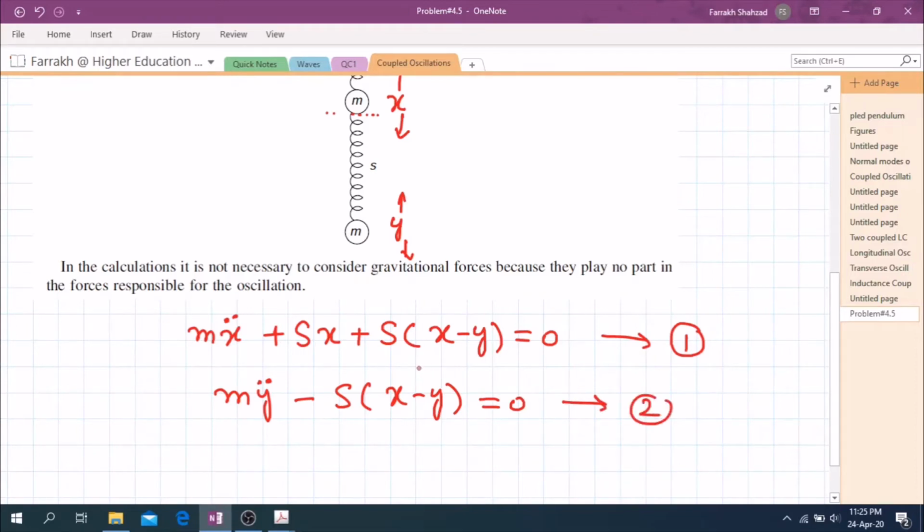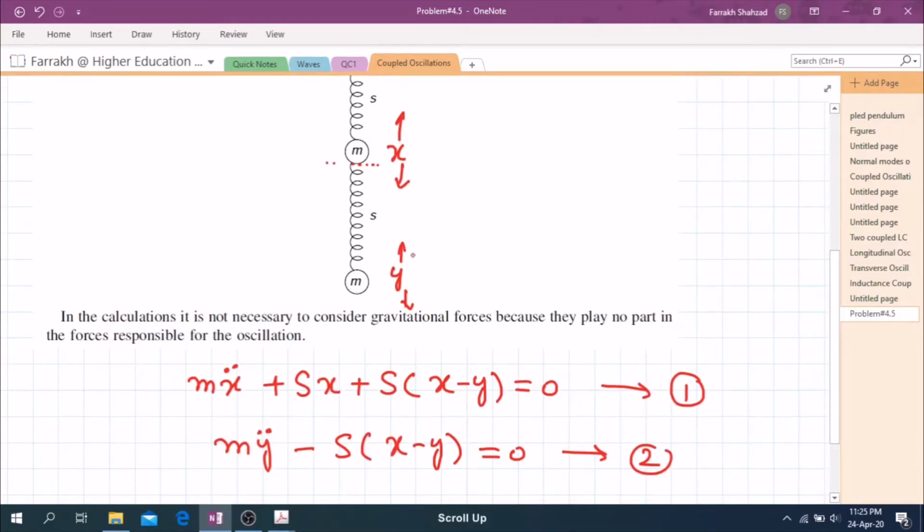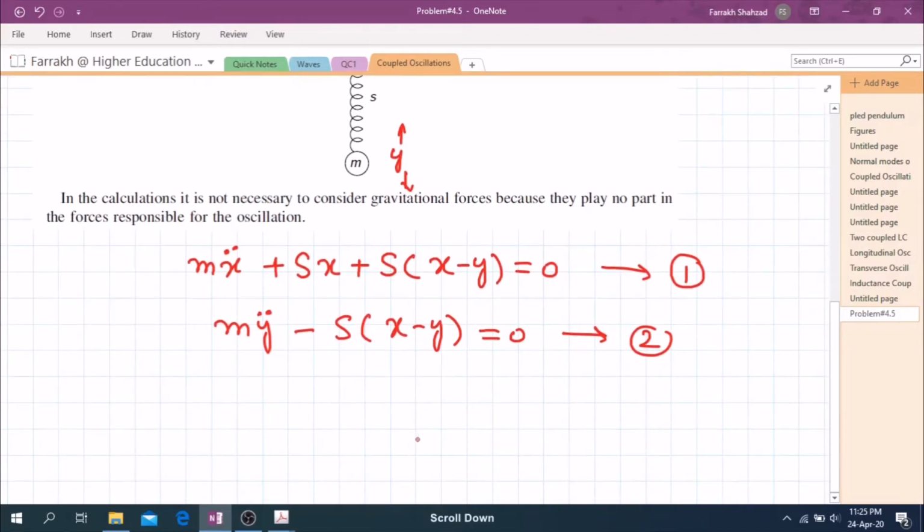We need to write its displacement as a difference of these two displacements because y is dependent on x. If x changes, then y will also change. So we have written here the difference of two displacements. These are our two equations, and now we need to solve them to find the value of omega.